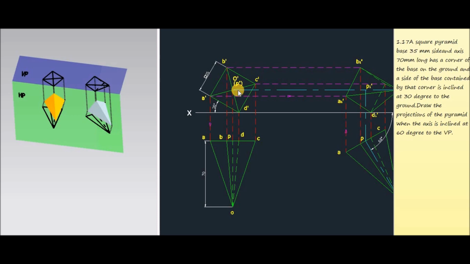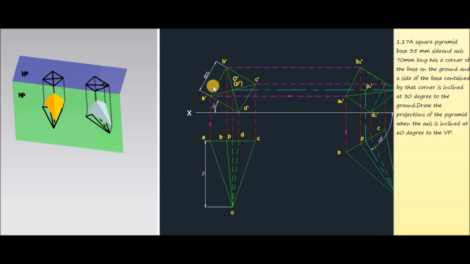That means the center point of the base is not visible from the front side, that is why it is represented in brackets. The other points are represented as A dash, B dash, C dash, D dash. Now from this figure you can see that the square pyramid is resting on its base corner D dash in such a way that the base edge A dash D dash makes an angle of 30 degrees with the horizontal plane.